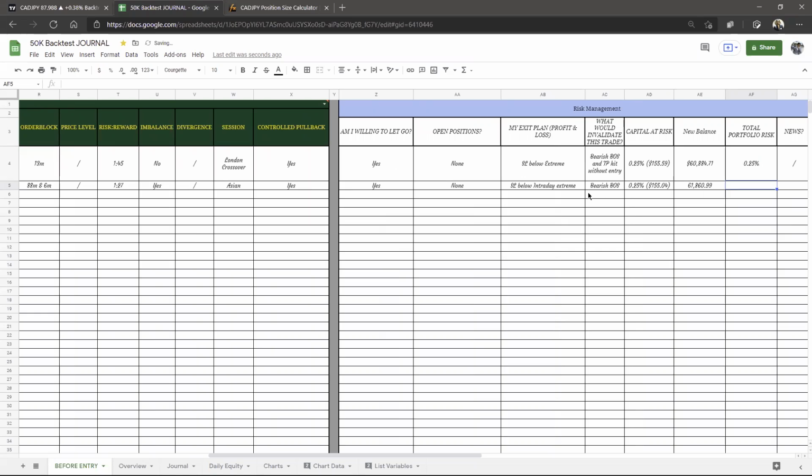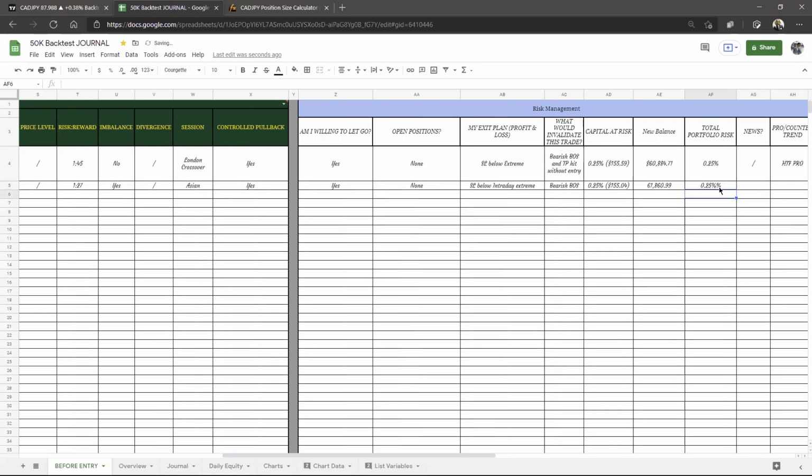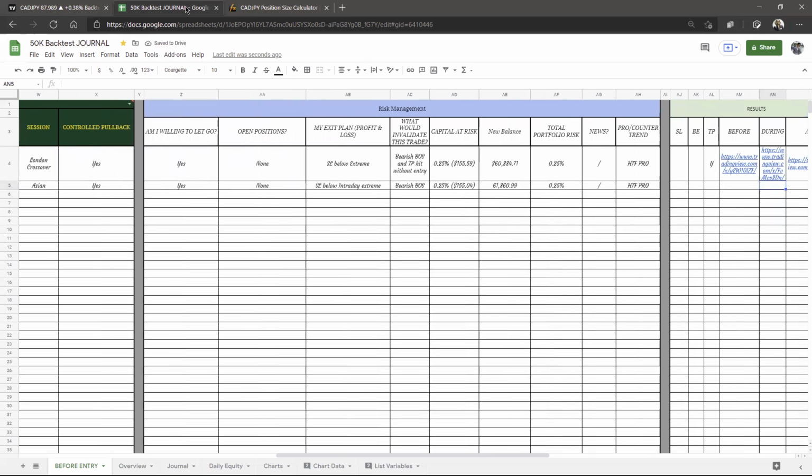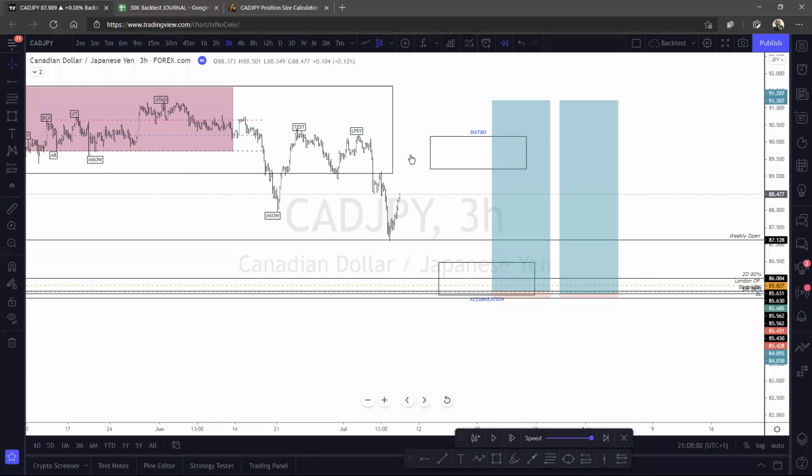Okay, total portfolio risk. We have no other position open, so it will just be this one, which is 0.25% of the portfolio. Any news? Can't tell. Pro trend, higher time frame pro trend. Okay, and let's go take a before.